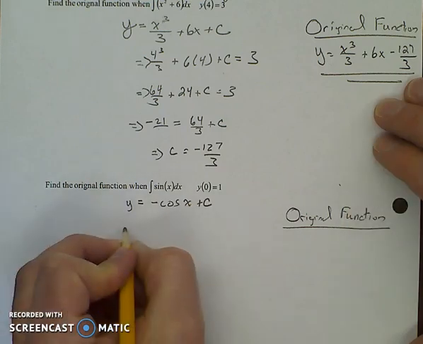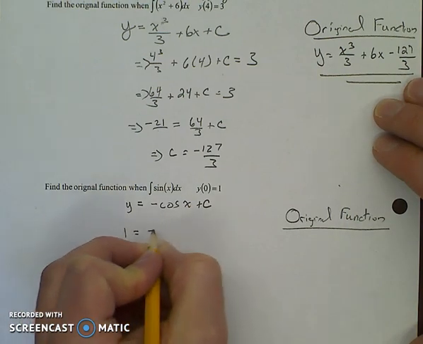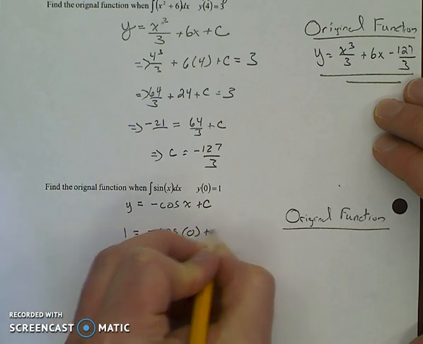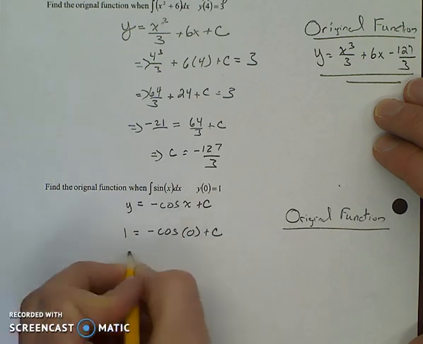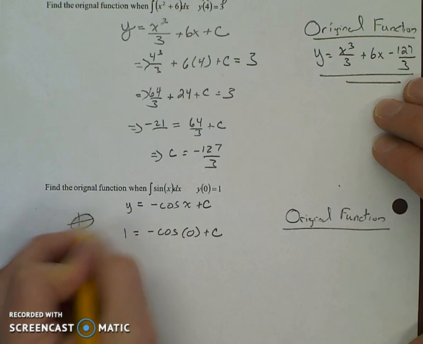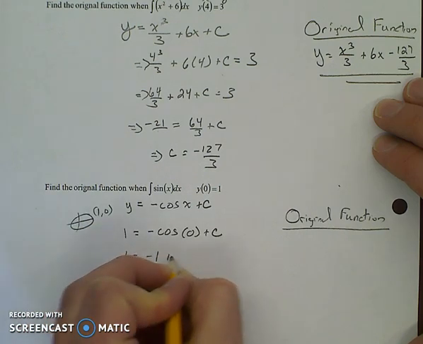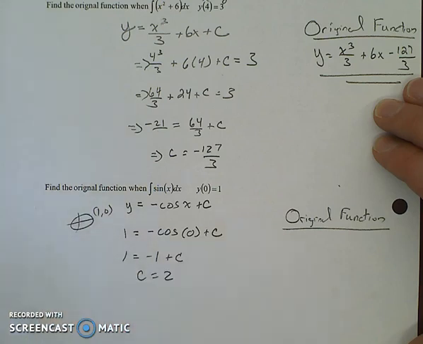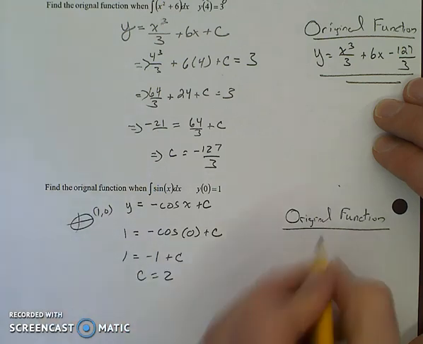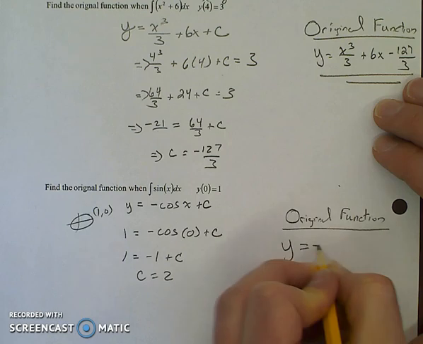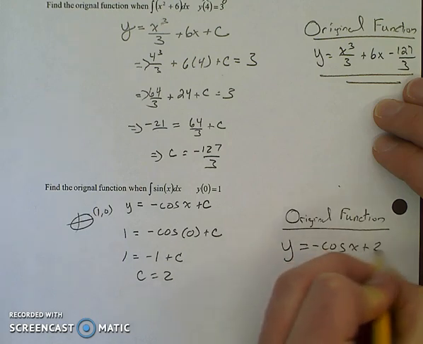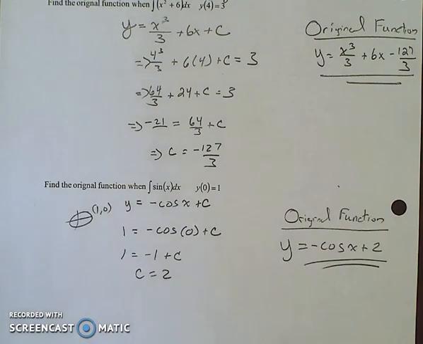And so we're going to get 1 equals negative cosine of 0 plus c. Make sure that you remember the unit circle at 0 or at 1 comma 0. We're looking at the x value, so 1 equals negative 1 plus c. So c equals 2. And so our original function, y equals negative cosine x plus 2. And we are done. Hope that made sense, and we'll see you in class.